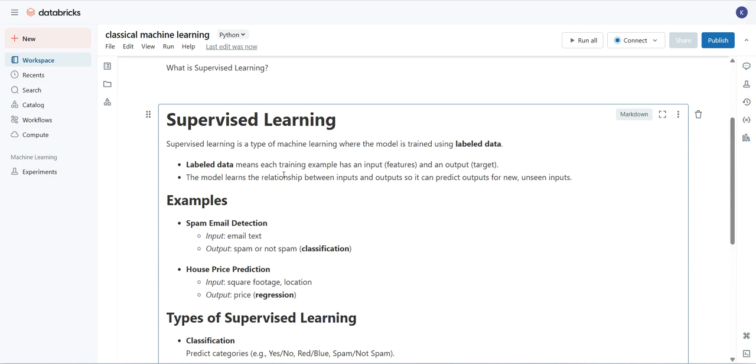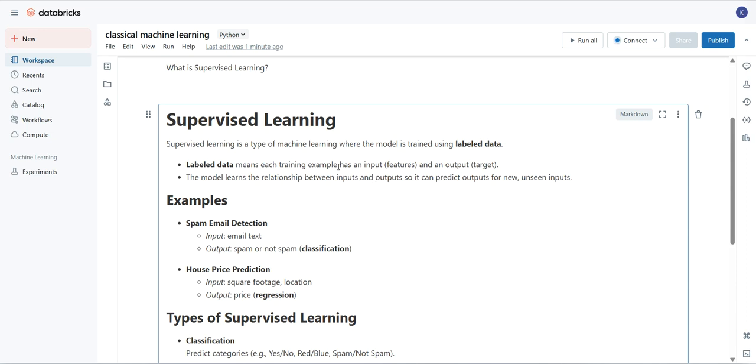Supervised learning is a type of machine learning where the model is trained using labeled data. What is the meaning of labeled data? Labeled data means each training example has an input and an output.